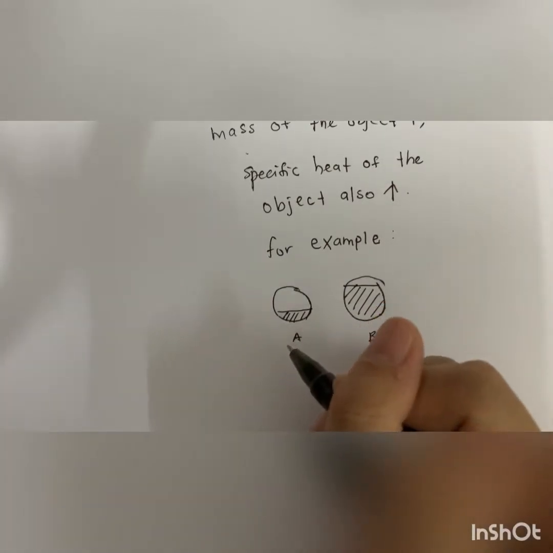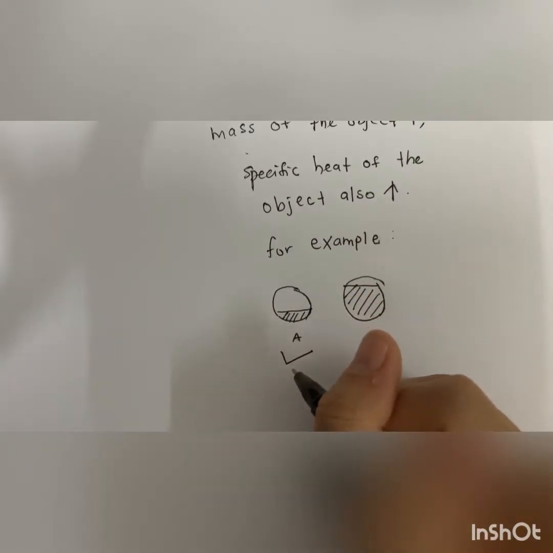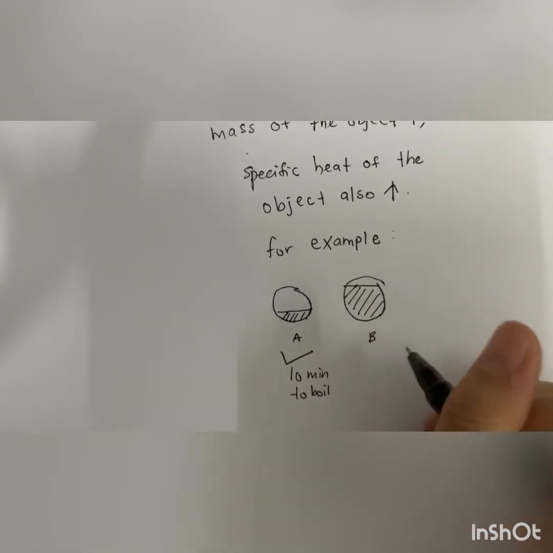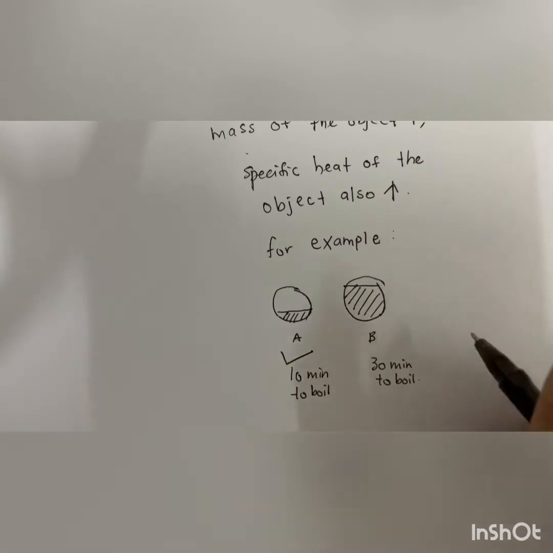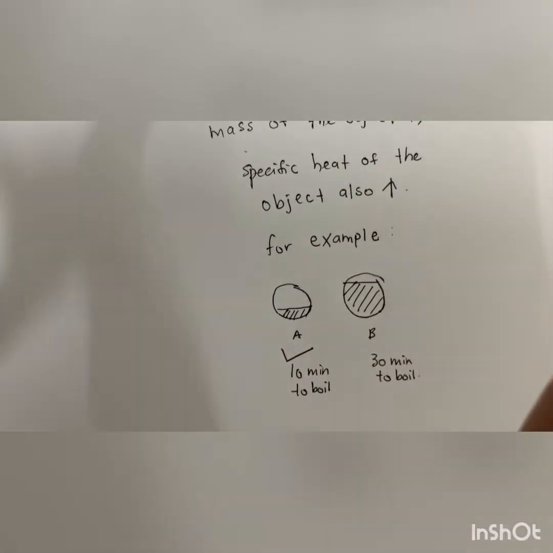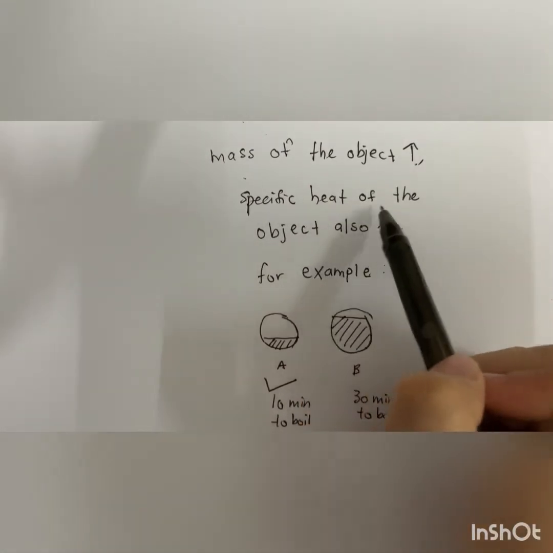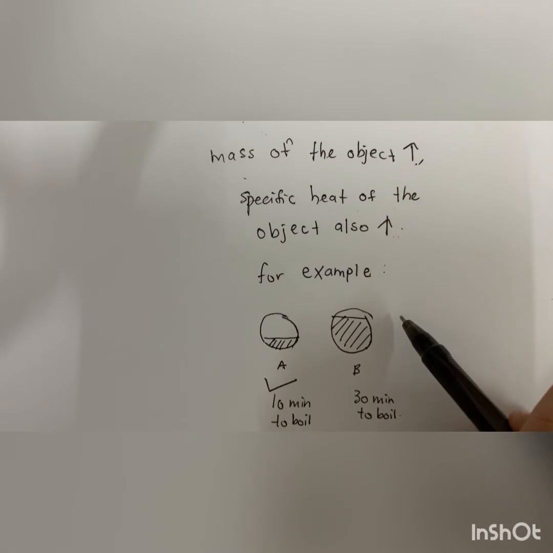Of course the answer is A. Let's say it takes 10 minutes to boil, but kettle B maybe takes 30 minutes to boil. So when the mass of the object increases, the heat capacity of the object also increases. Do you understand what I mean?